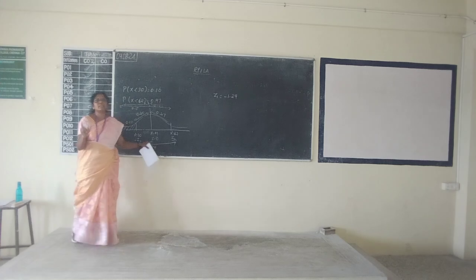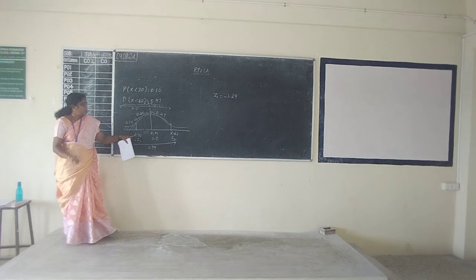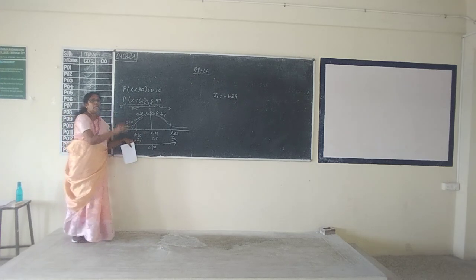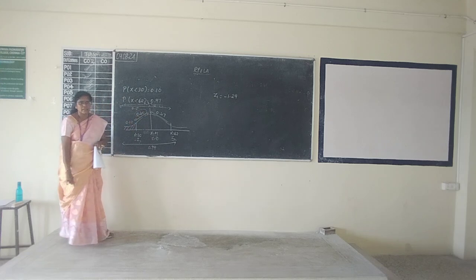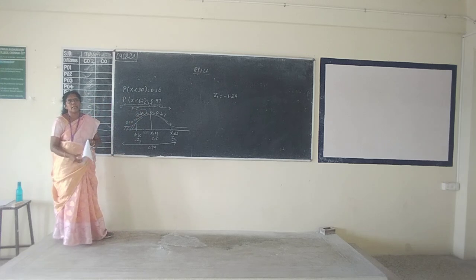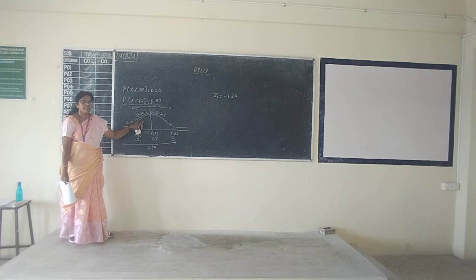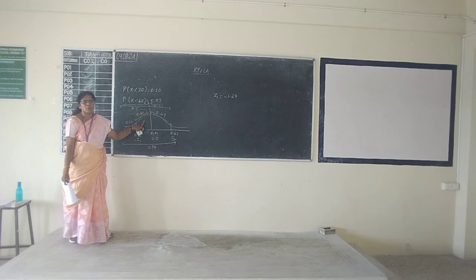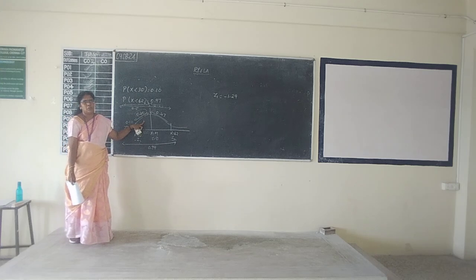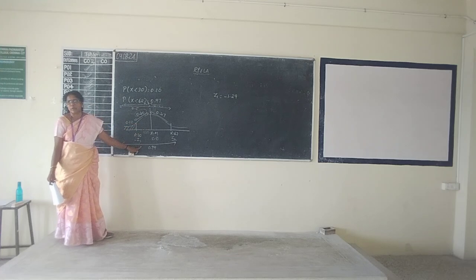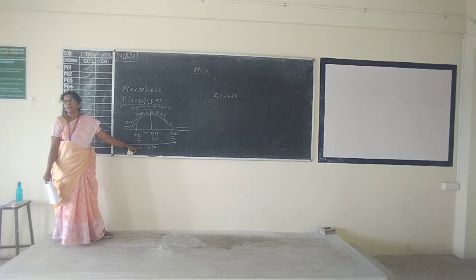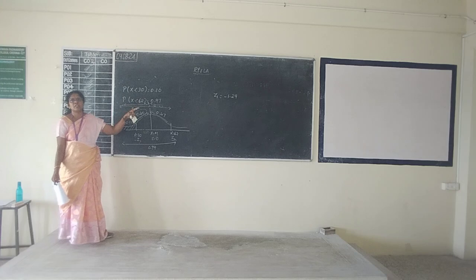To find Z1 in the normal table you note where 0.40 starts. According to the table we are having, you will add 0.5, so 0.5 plus 0.40 is 0.90. You have to check where 0.90 starts. That is Z1. What is Z1? Minus 1.2.